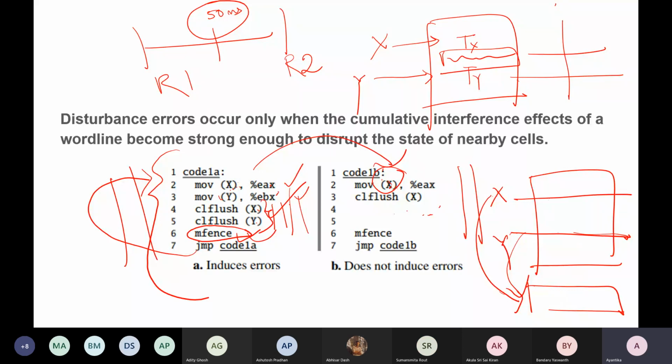When you have read these values from DRAM, of course the first thing general processors do is store the data in the cache. So next time, whenever you are using the data, it should first search in the cache. If the data is there, it will take it from the cache memory, process it, and it is done. So if you do not use these two lines, this attack will not be successful.